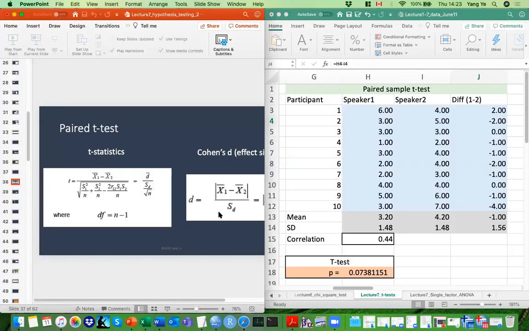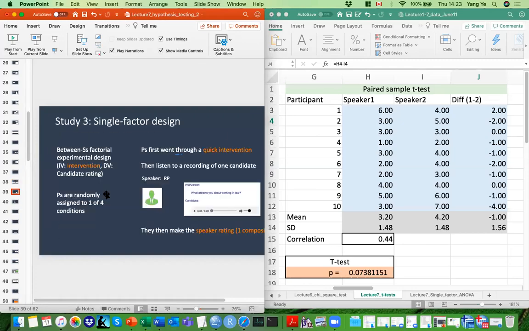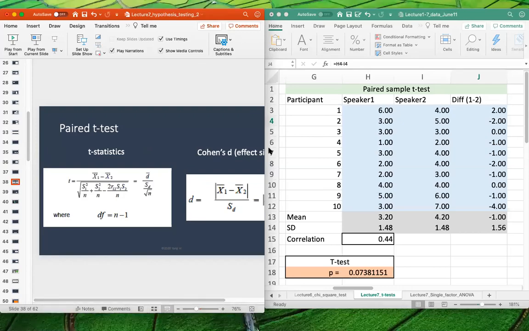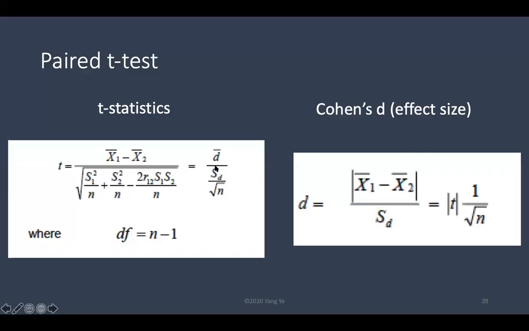Which means that the t-statistic shown on the PowerPoint slide is d divided by the standard error of the difference score. The SD presented on the screen is the standard deviation of the difference score.